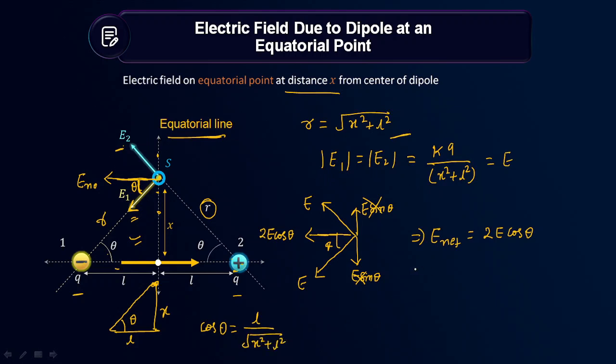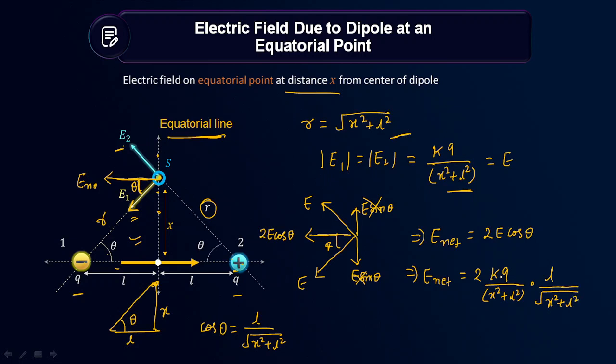Yes or no? So now E net equals 2 times E, where E is KQ divided by x square plus L square, into cos theta. Now cos theta I can write as L divided by root under x square plus L square.